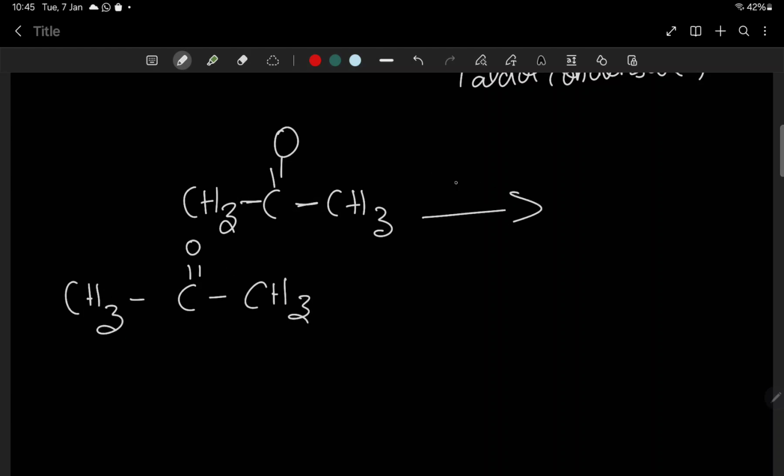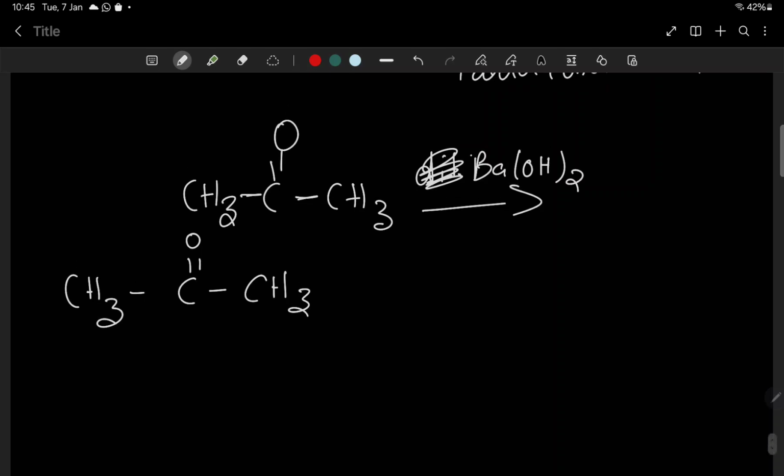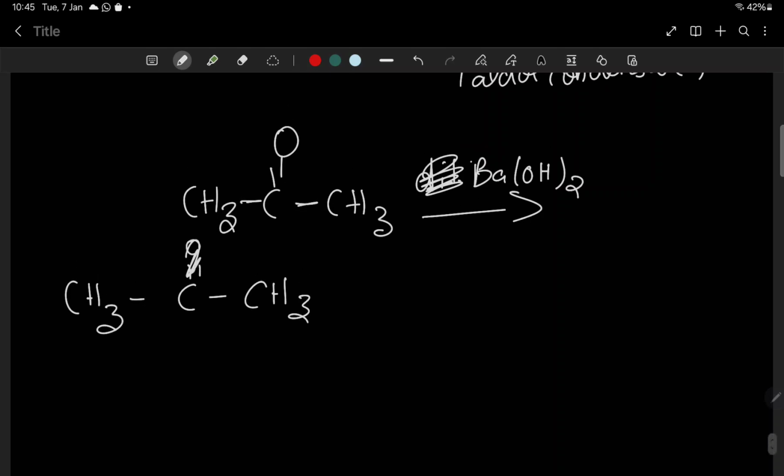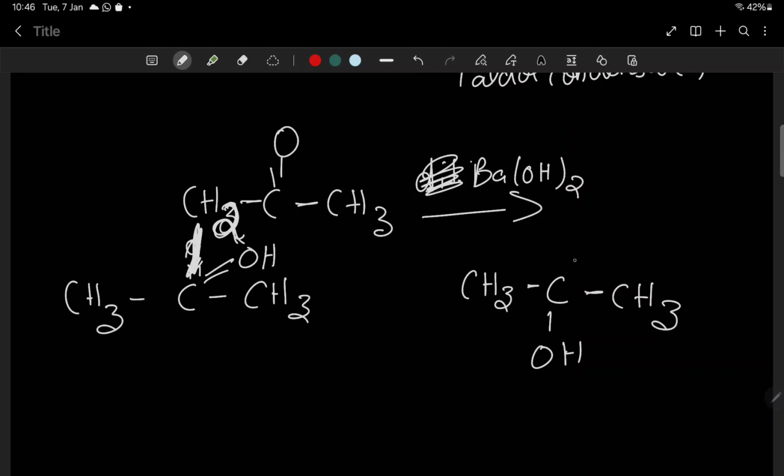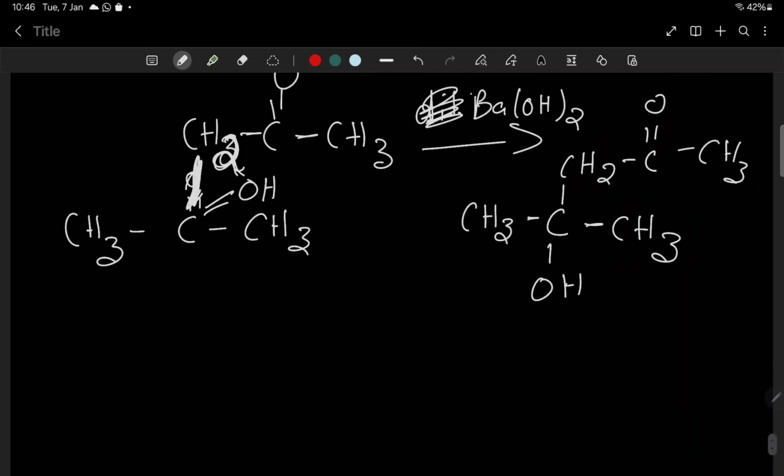Now into this we add Ba(OH)2, which is very weak, so no need to dilute. Form a bond here, let one hydrogen from here go and join here. So we get CH3 COH CH3 CH2 C double bond O CH3. Now this is called aldol.